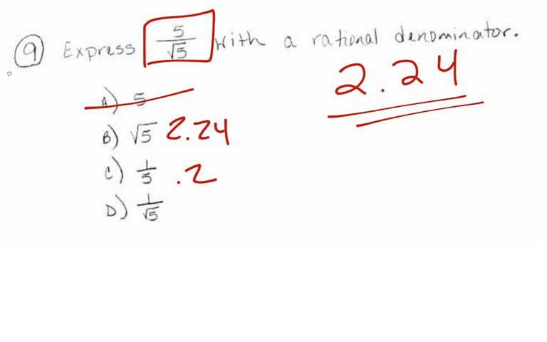That is 0.2. Not it. D is 1 divided by open square root of 5. 0.45. Not it. So the answer is B. Yes, it looked right at the beginning. End of course is important. Don't rush. Check all of the possible answers.